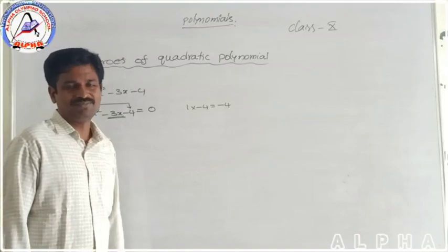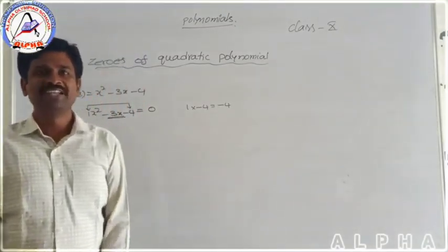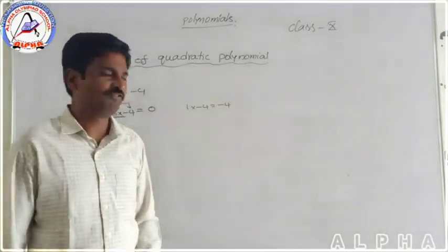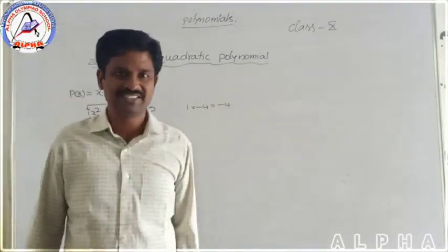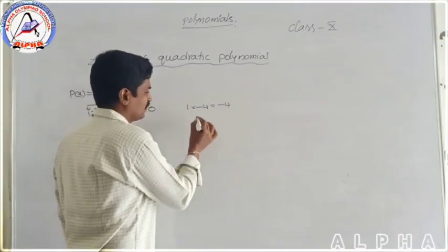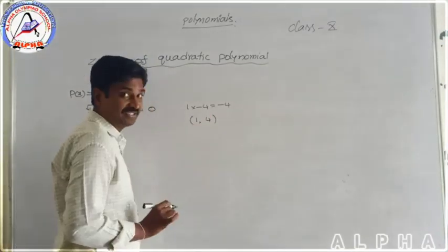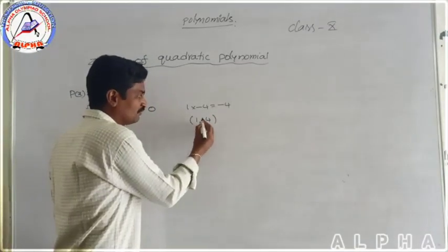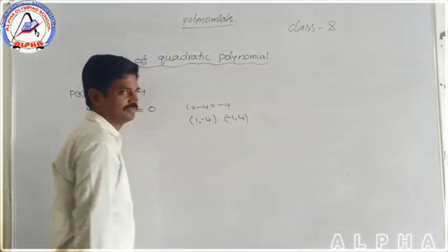Minus 4 is negative. If it is negative, the two factors of 4 have different signs. That means the factor pairs of 4 are 1 and 4, with the two factors having different signs: one is positive and one is negative, or negative and positive.